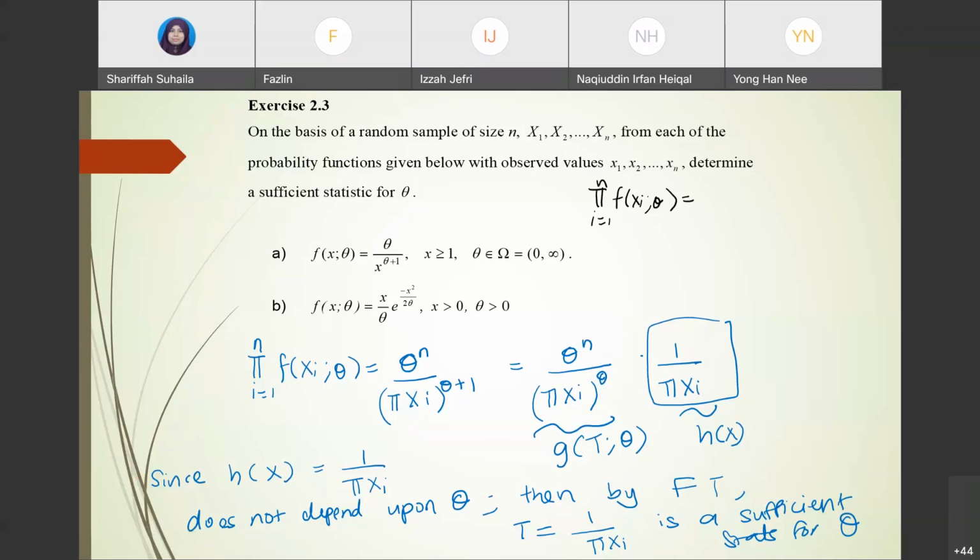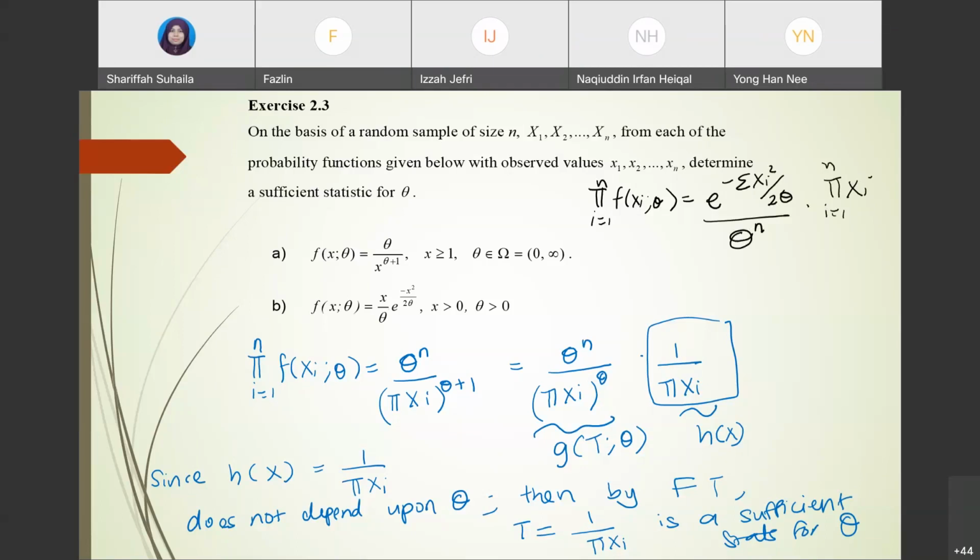So bila kita simplify tu, okay, so you will have exponential negative summation xi square over 2 theta. And then this one, so you have xi over theta. So ini dia akan jadi theta to the power n, and then product xi. Nampak ke? Okay, so kamu ada x1 over theta, x2 over theta, xn over theta, so product xi.